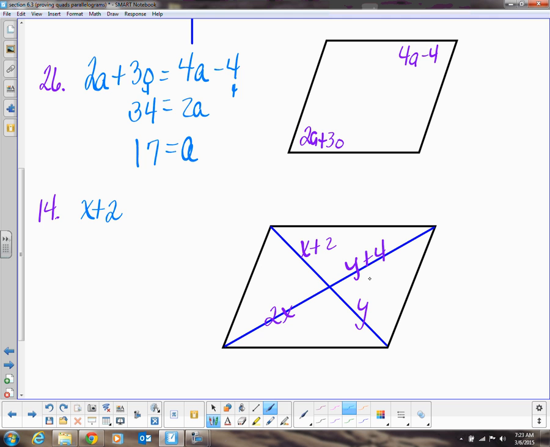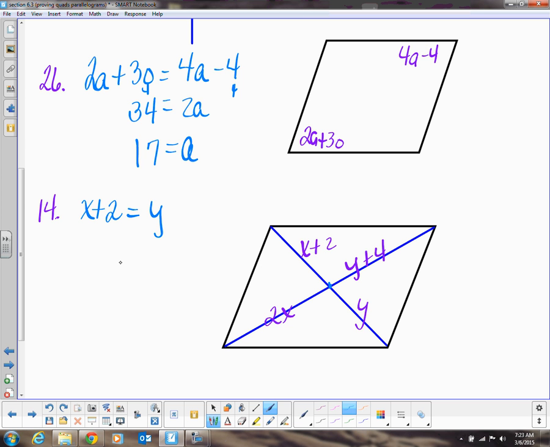What segments of the parallelogram? Are those diagonals? Okay, so which one do you have to use? Look at your foldable. What does it say about diagonals? What does bisect mean? To cut in half. So what does x plus 2 equal? That diagonal got cut in half. What's its other half? Okay, this piece right here got cut in half. Yes. So x plus 2 equals y.